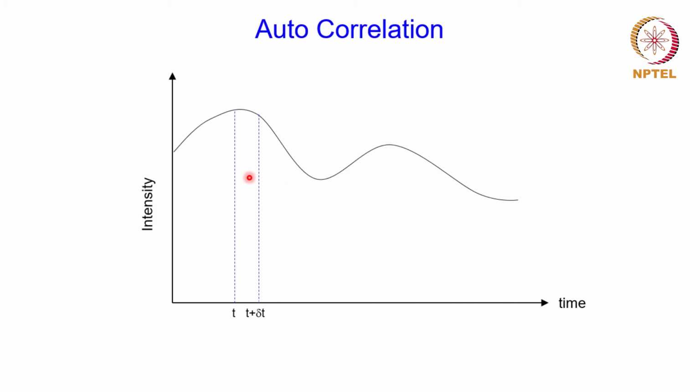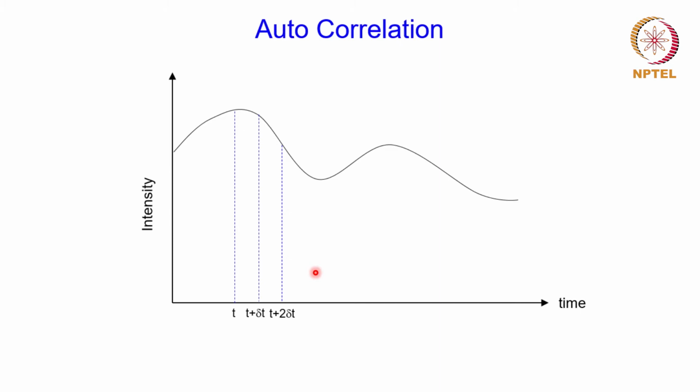So here you can see that the correlation of the original signal and the signal after a very small time interval delta t is quite good. And now if you increase this time interval, let's say to t plus 2 delta t now, you can still see some correlation, but as the time interval has increased, the correlation has decreased.